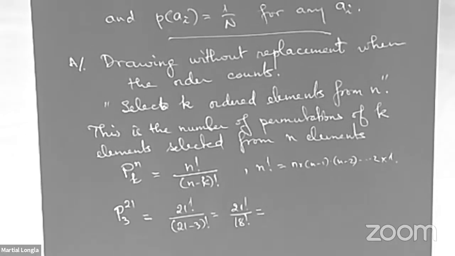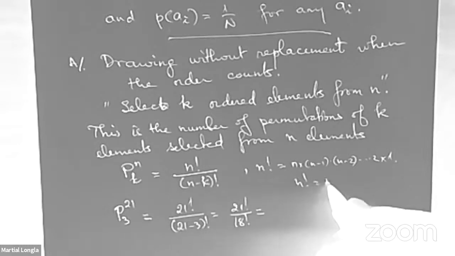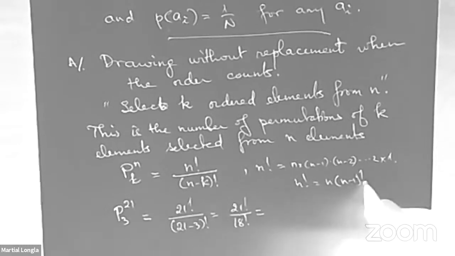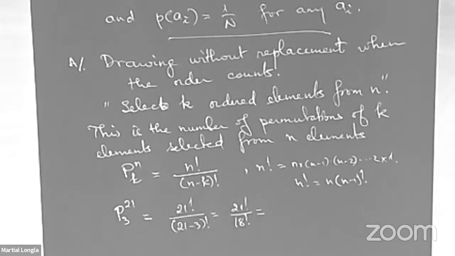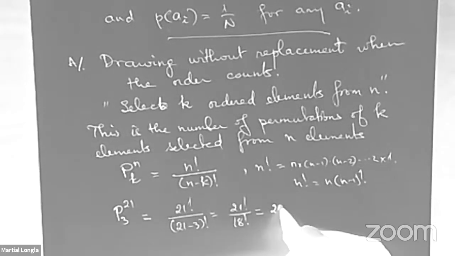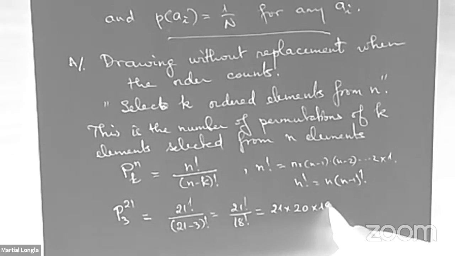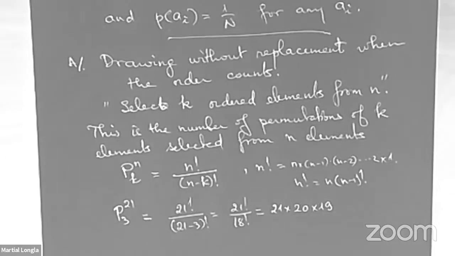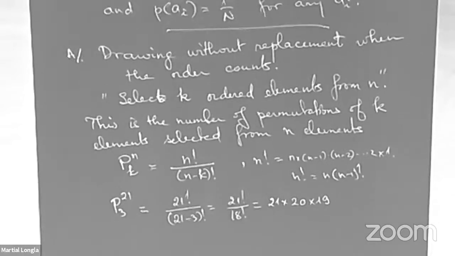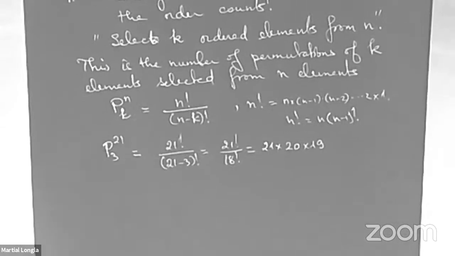And the property of factorials is that factorial n is n times factorial n minus 1. So you can always get it down by 1 to put the factorial on the next one. So here, this is 21 times 20 times 19 times factorial 18 over factorial 18, and they cancel. Does that make sense to everybody? All right. I'm not interested in knowing how much it is, everyone, so we can keep it like that.